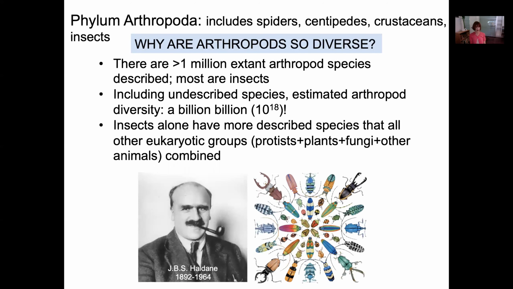So this is not the answer, but J.B.S. Haldane was an evolutionary biologist who was very smart and a bit of a wise ass to boot, and also an atheist. And so the story goes that he was talking in a pub, he was English, to a theologian. And the theologian knew that he was an evolutionary biologist, and that evolutionary biologists were interested in the diversity of life on Earth.